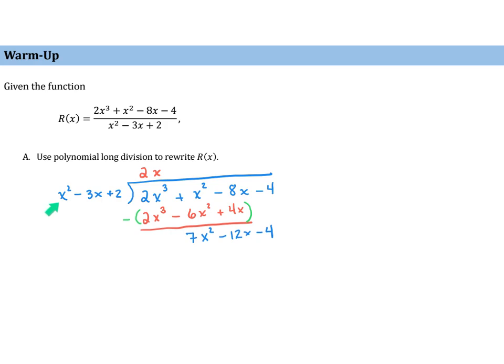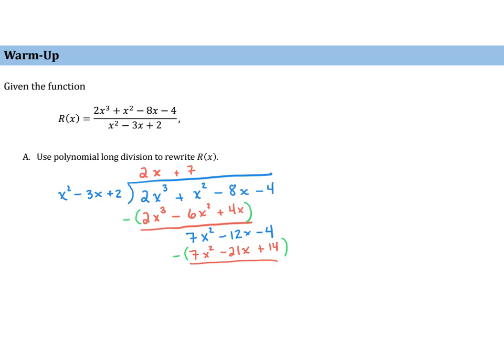Now, what does it take for x squared to become 7x squared when we multiply? We just need plus 7. So we multiply 7 through the whole divisor, and we get 7x squared minus 21x plus 14. Again, we subtract. And so we get 7x squared minus 7x squared is 0.